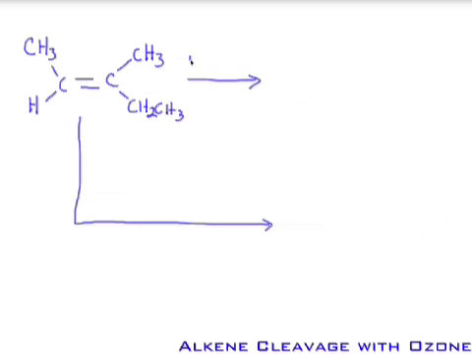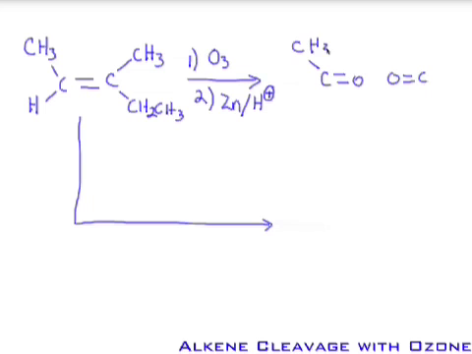Now, the advantage of ozone over KMnO4 is we can control what happens to the hydrogen of the double bond. If I use ozone in step 1 to make my ozonide, react it, and then immediately add zinc and acid, unlike KMnO4, yes, the double bond rips. Yes, I get double bond O's where my double bond was. But this time the H stays intact.